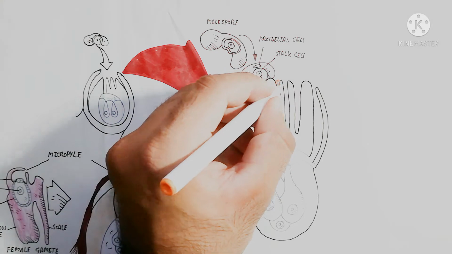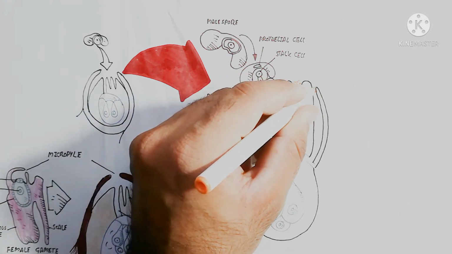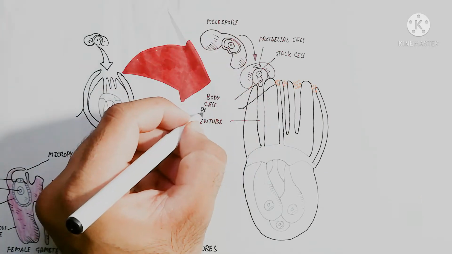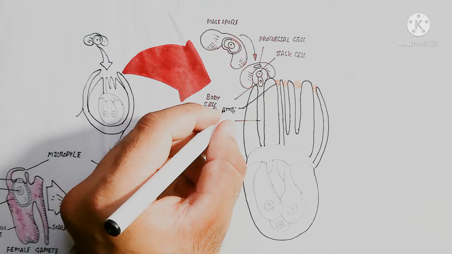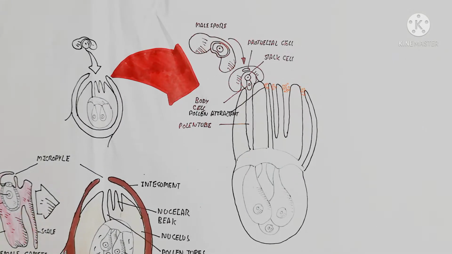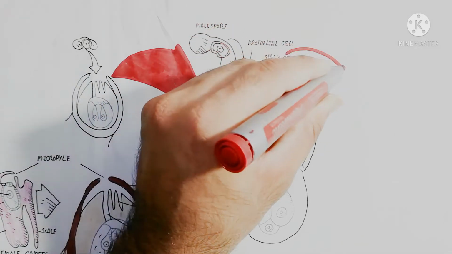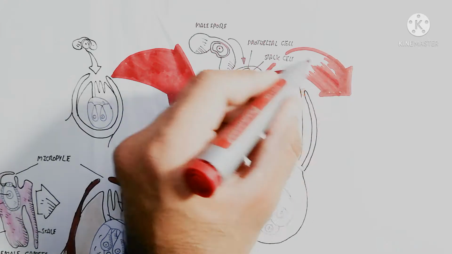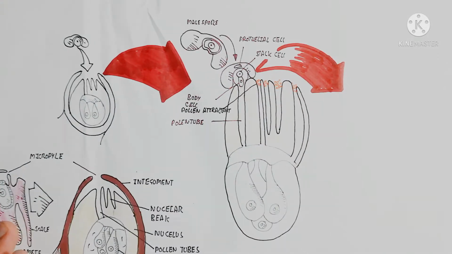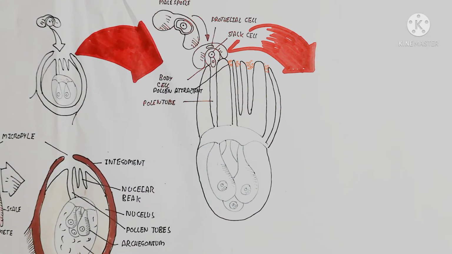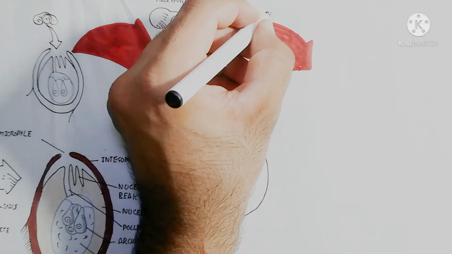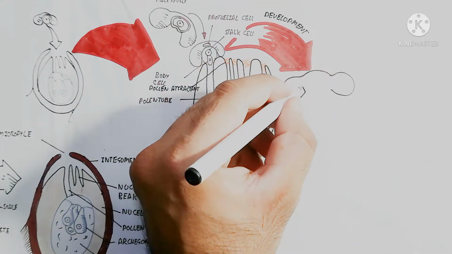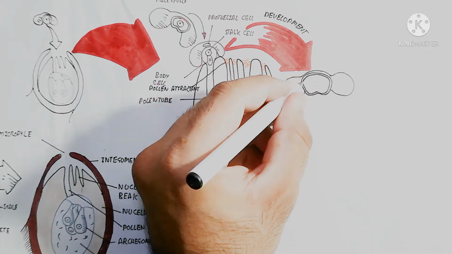So here is the megaspore, which contains a prothallial cell and stalk cell, which divide during the movement inside from the pollen tube. The orange color shows the pollen chamber, which is used for the movement and is made up of chemical, so it is sticky.